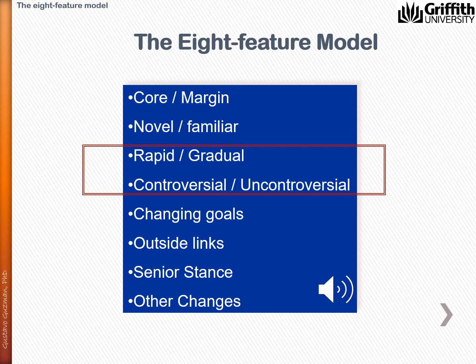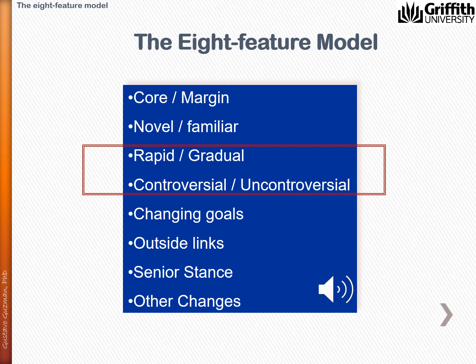The next two features are rapid and gradual, and controversial and uncontroversial. Rapid and gradual projects are all about the pace of the project. Rapid projects put pressure on staff so they have short time to act and to think because quick results are expected in rapid projects.